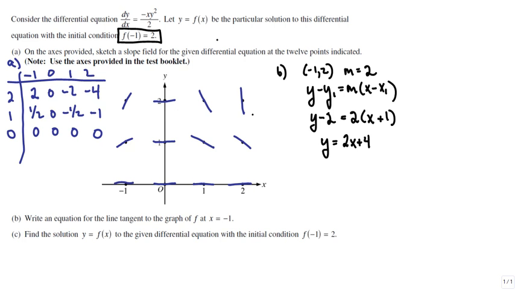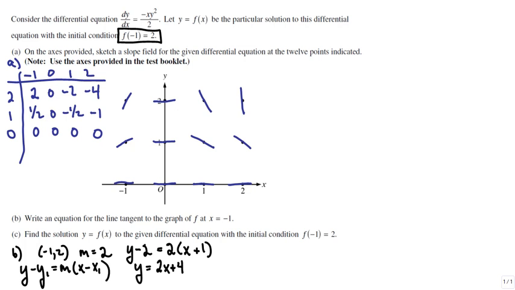I'm going to move this part B kind of out of the way here so I can use that workspace. Okay, next for part C, we want to find the solution to the given differential equation with that initial condition. So basically, wherever you see x's and y's multiplied or divided together, that's a strong indication that you need to use separation of variables. That's one place where you'll use it.